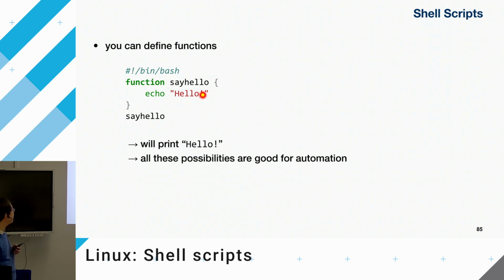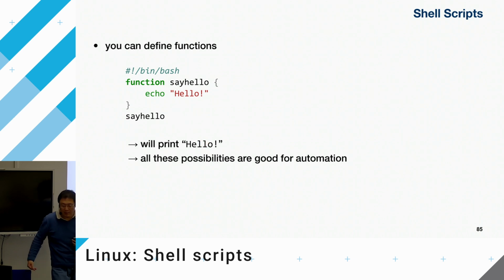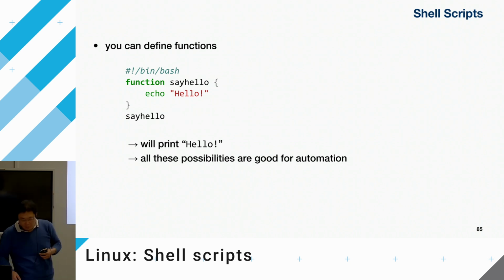To invoke this function, you only need to put the name of the function, say hello, in your bash script, and then you will see hello printed here. This gives you the opportunity to make your work run automatically without having to repeat many commands.